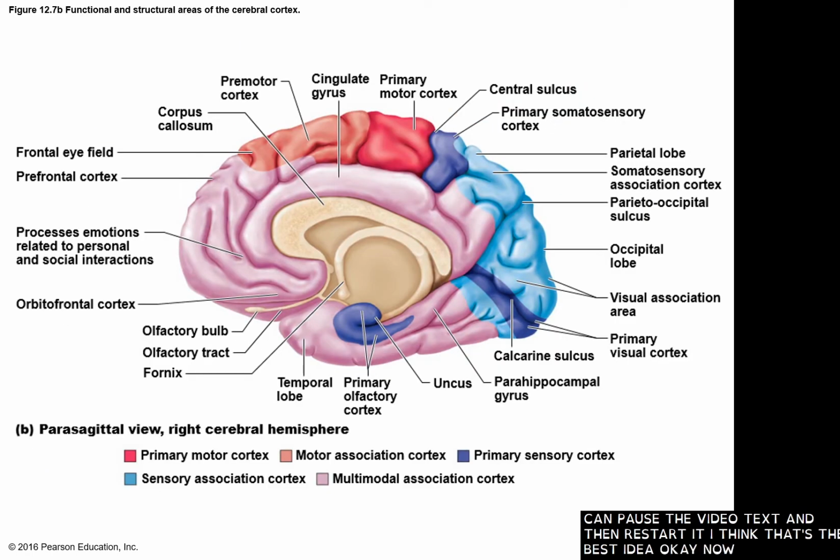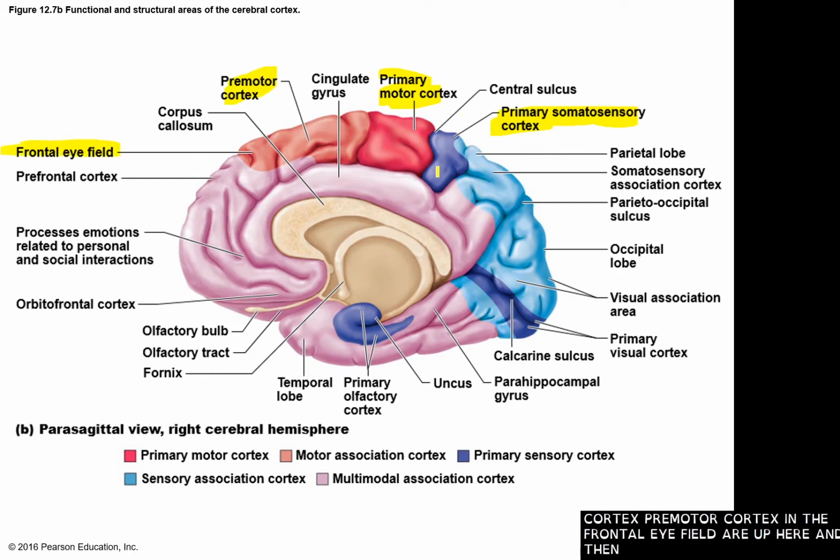Okay, now we move a little into the brain, going more deep here. We can add some more parts. So we get to the sensory areas back here. So we see the somatosensory cortex. We can see how deep this primary motor cortex, premotor cortex, and the frontal eye field are up here.